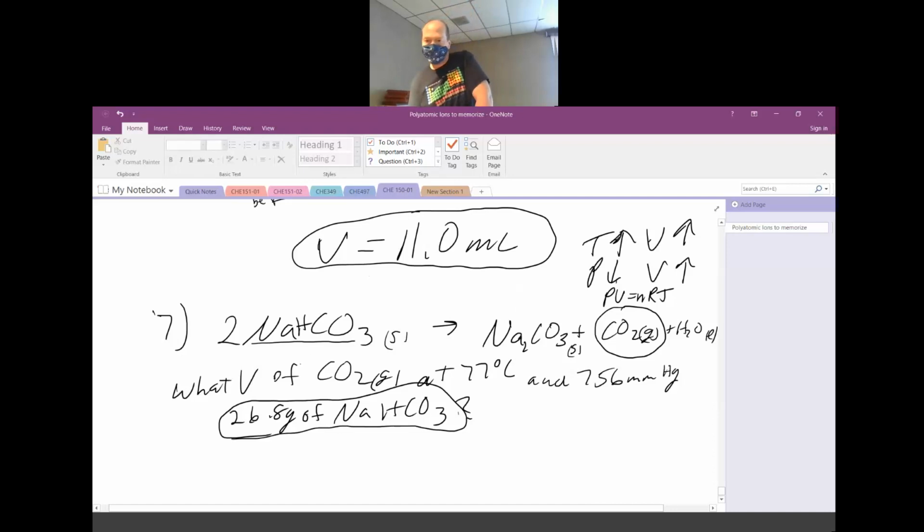And so we see that 1 mole of carbon dioxide is formed when 2 moles of sodium bicarbonate react. So once we have moles of sodium bicarbonate, we can convert that to moles of CO2. We have a temperature, we have a pressure, we have a gas, and so all we need to do is find the moles and then solve for the volume.